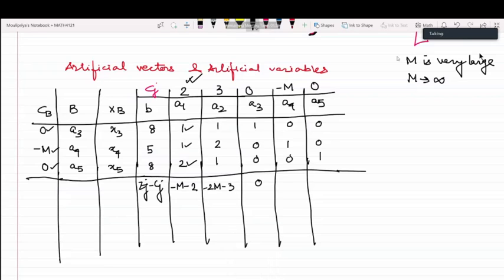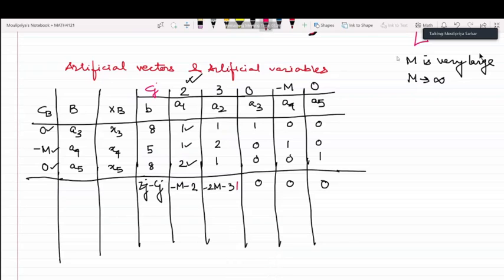Next, then 0. Which one is the entering vector? Which is the most negative?